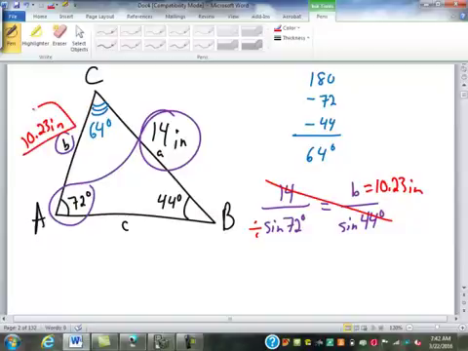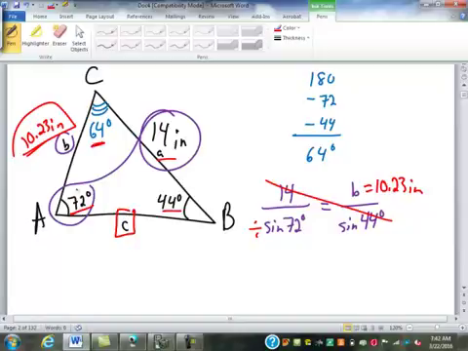Now I'm going to stop there. Does that make sense? Yeah, it does. 44 degrees is smaller than 72, right? So it makes sense for this side to be smaller than that side. Longest side opposite the largest angle. Now before we start to calculate side C, what do we know about its length?